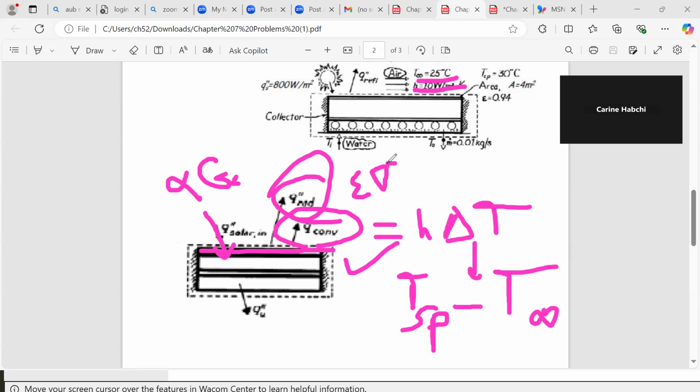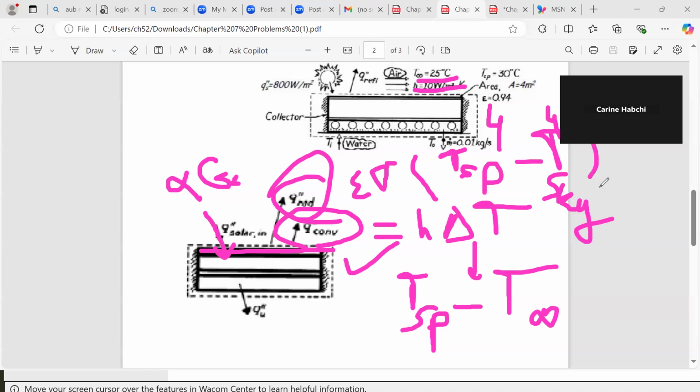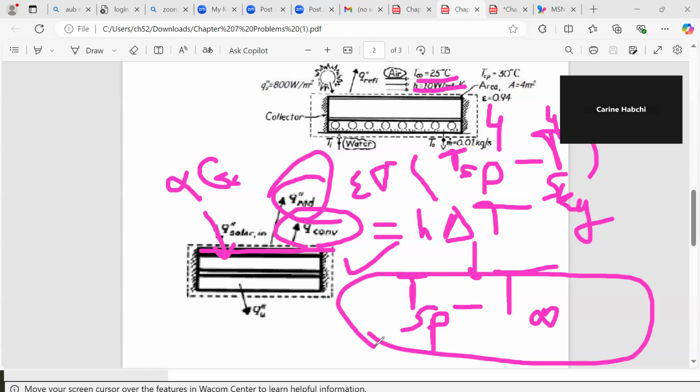So I should use epsilon sigma T surface of the panel to the power 4 minus T sky. And I should not forget that these temperatures are in which unit? In Kelvin. Okay. For convection, for delta T, you can put it in Kelvin or degrees. It doesn't matter. But for radiation, it should be in Kelvin.